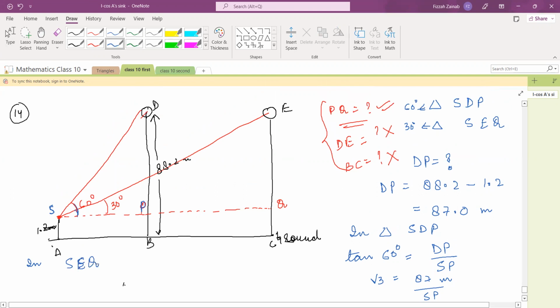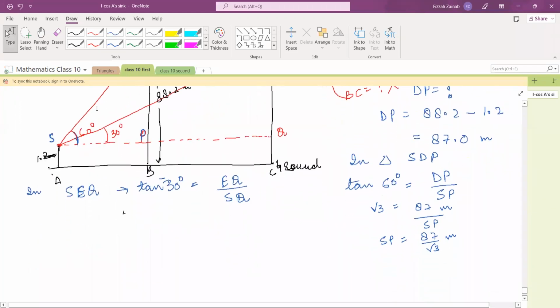Now in this triangle, you take tan of 30 degrees. Tan of 30 degrees is again perpendicular by base. That means EQ divided by base, which is SQ. Now tan 30 is 1 upon under root 3.